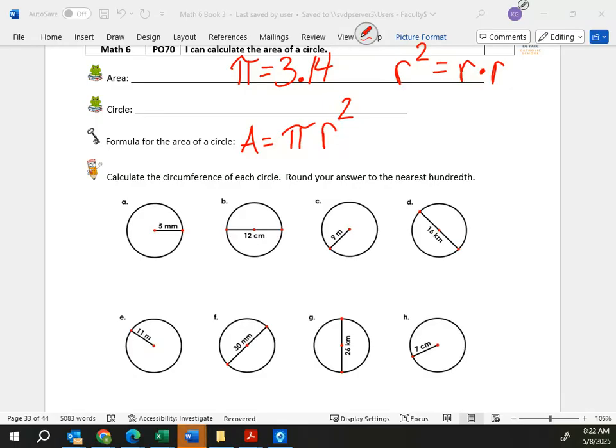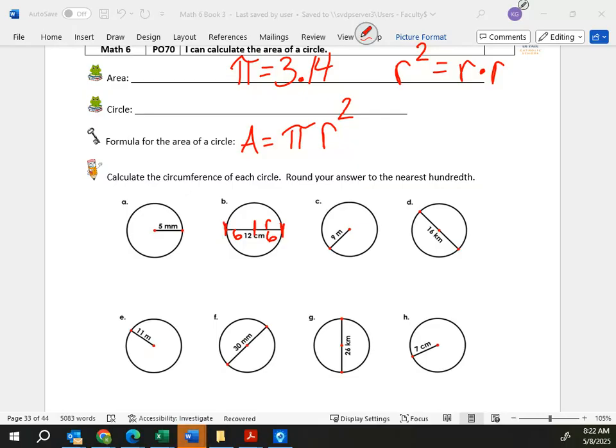If you are given your diameter, break your diameter in half to get the radius. So 12 goes all the way across, the radius would be 6, because 6 plus 6 equals 12.